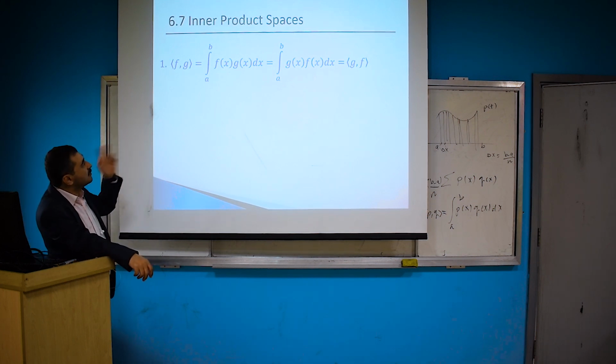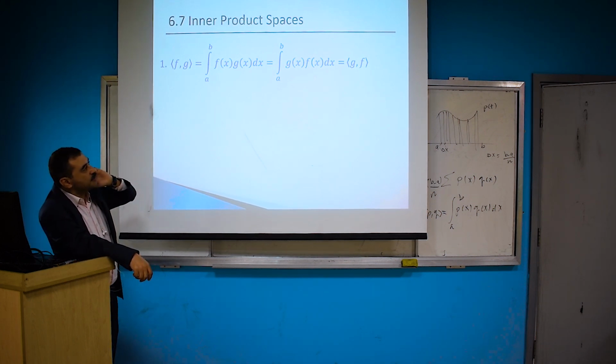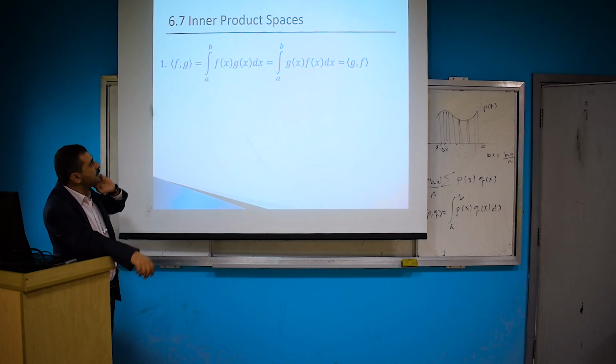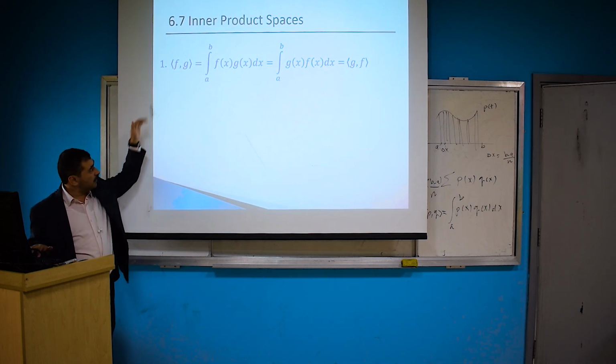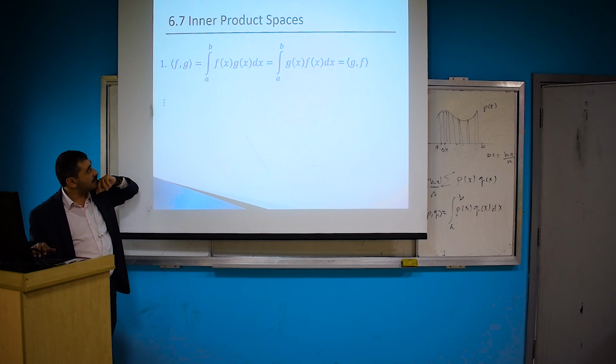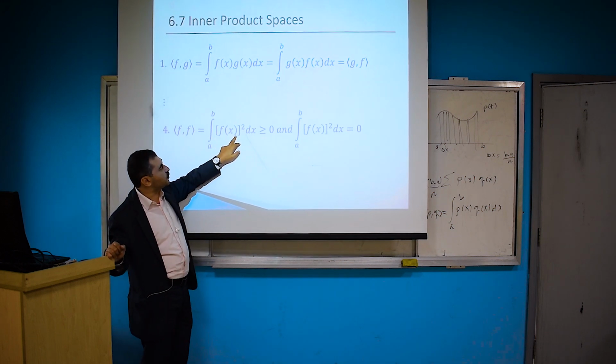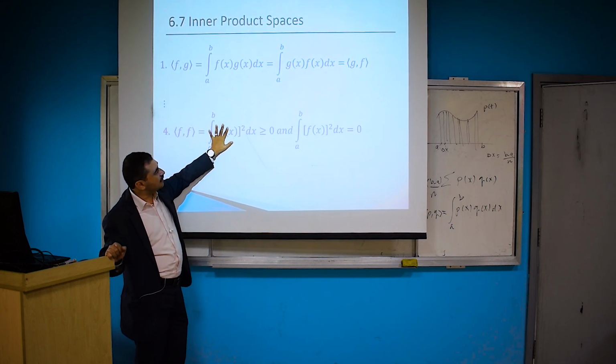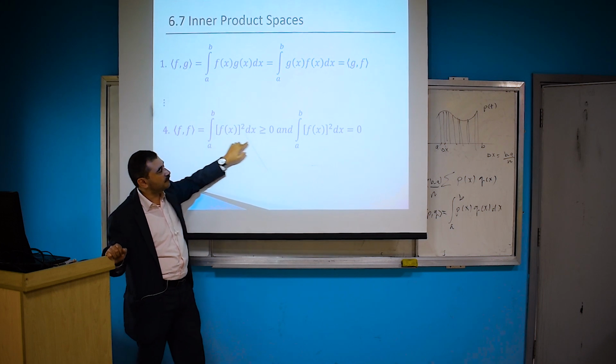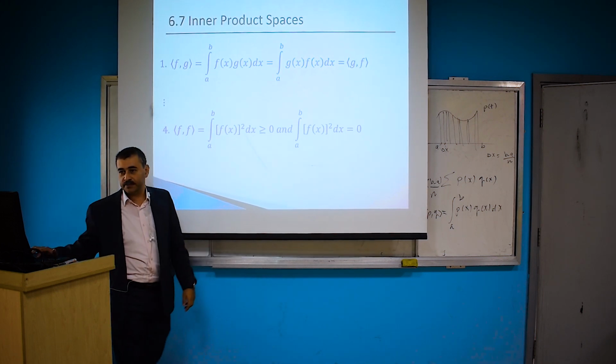For example, this is the commutative property. You can integrate fg as integration of gf. You can check all the axioms. If you want to check the last one, for example, inner between f and f is the integral of f squared, and this guy is non-negative, is 0 only if f is 0. Right?